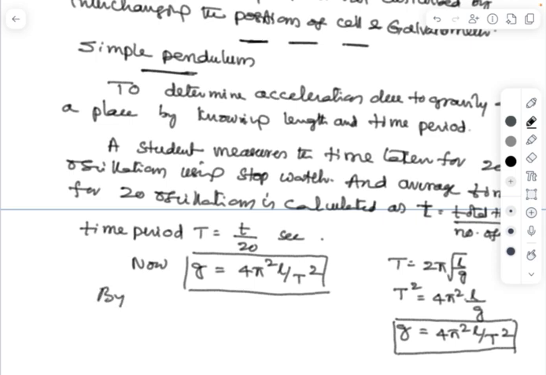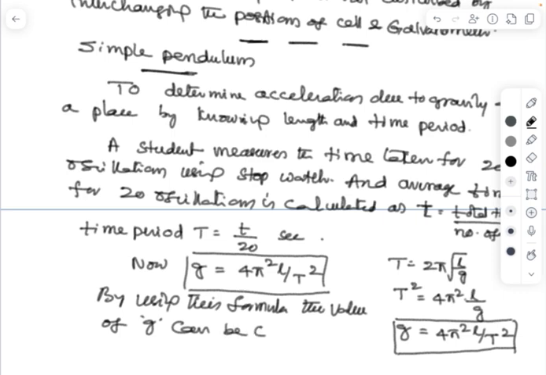By using this formula, the value of g can be calculated.